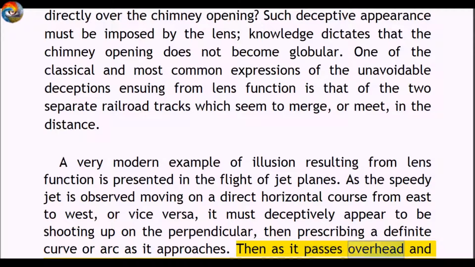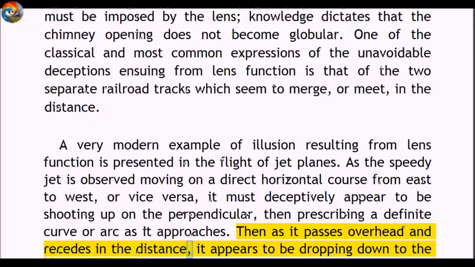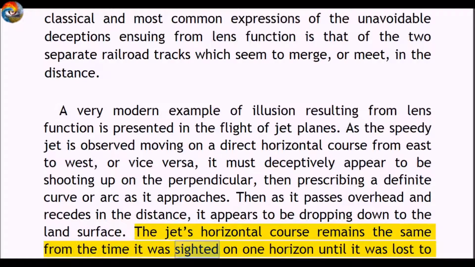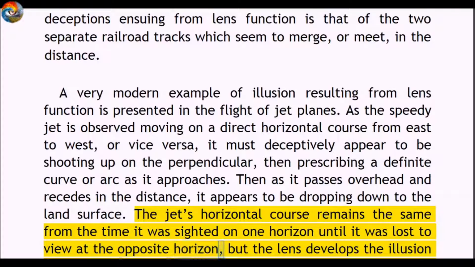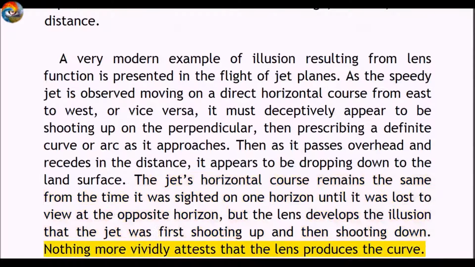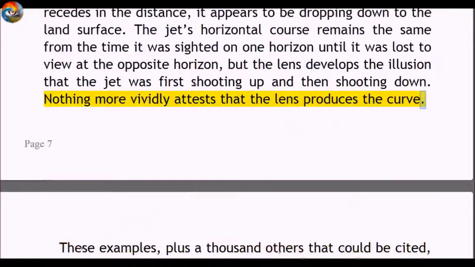Then as it passes overhead and recedes in the distance, it appears to be dropping down to the land surface. The jet's horizontal course remains the same from the time it was sighted on one horizon until it was lost to view at the opposite horizon, but the lens develops the illusion that the jet was first shooting up and then shooting down. Nothing more vividly attests that the lens produces the curve.